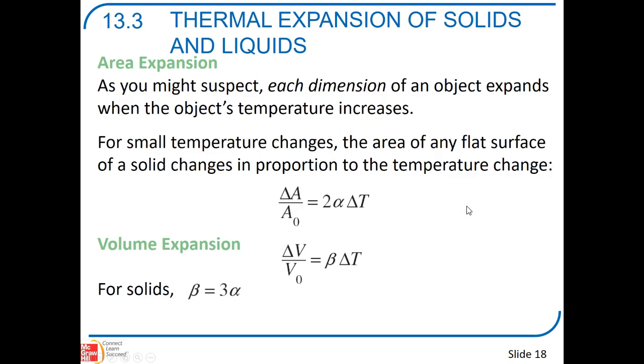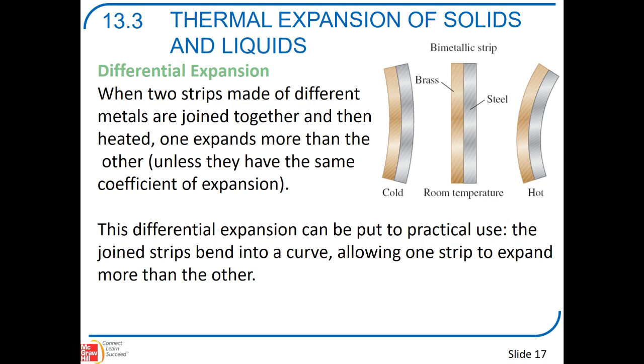So now we can think about something called differential expansion. If you have a thermostat at home for your home or your apartment or your dorm room, one of the things that we do is we make a bimetallic strip. So it's got brass on one side and steel on the other.